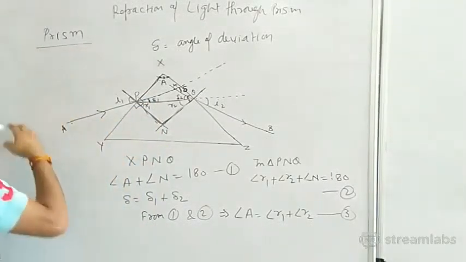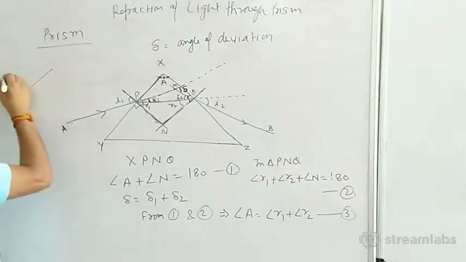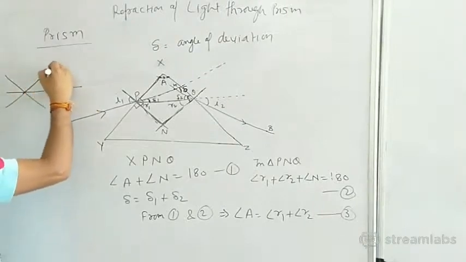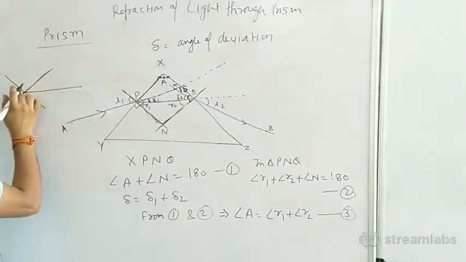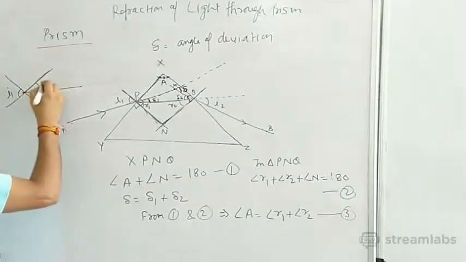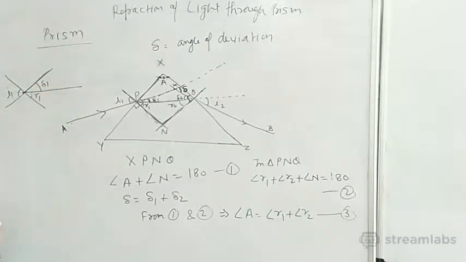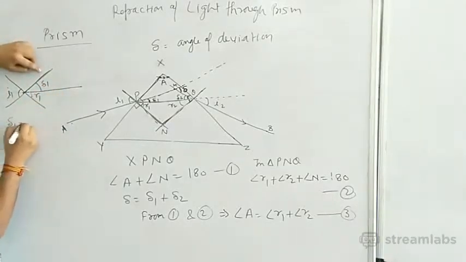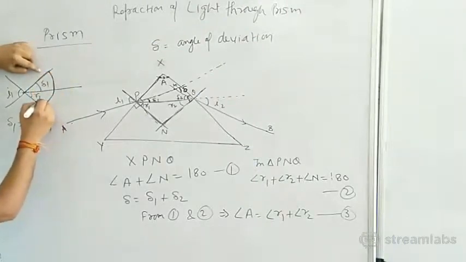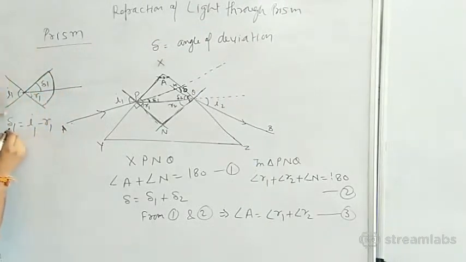Okay, just see here, a light ray is coming this way, तो this whole part is I1, and this one is R1, and this is del 1. So del 1 is equal to I1 minus R1; if you separate R1 from I1, then you will obtain del 1.